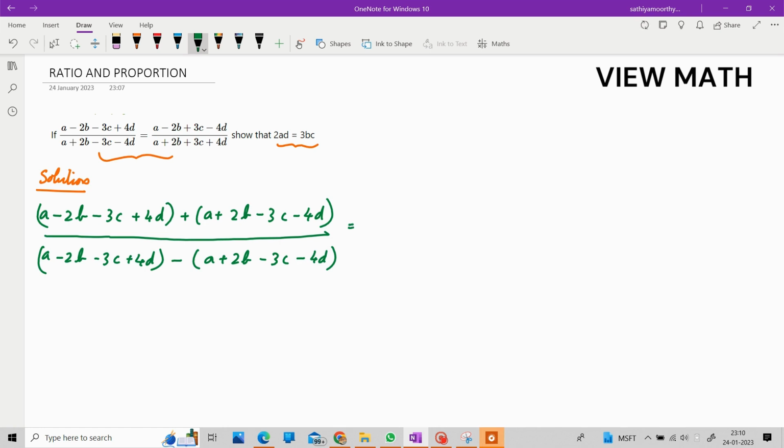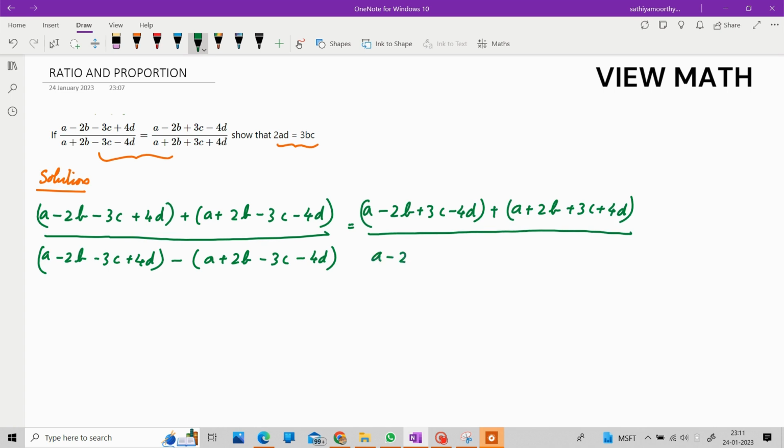This is equal to, coming to the right hand side, a minus 2b plus 3c minus 4d plus the denominator term a plus 2b plus 3c plus 4d divided by a minus 2b plus 3c minus 4d minus a plus 2b plus 3c plus 4d.